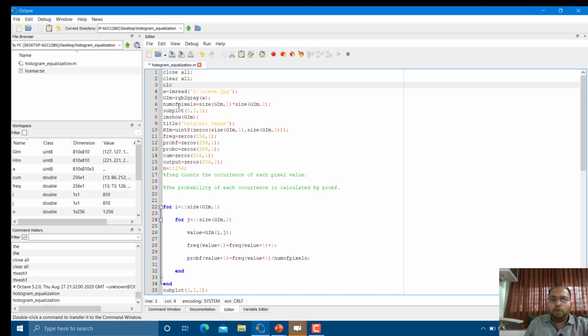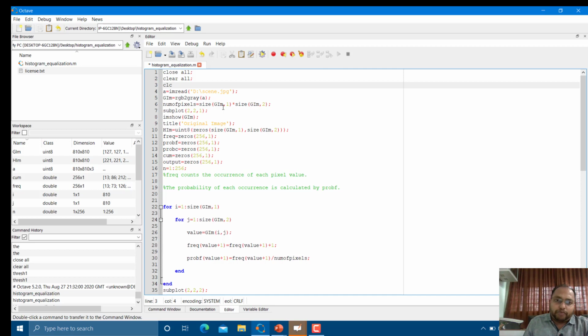Now let us find out how many pixels there are. How can we find it out? It is nothing but the number of rows multiplied by the number of columns. That many pixels will be there definitely. So size of GIM comma 1 represents the number of rows.